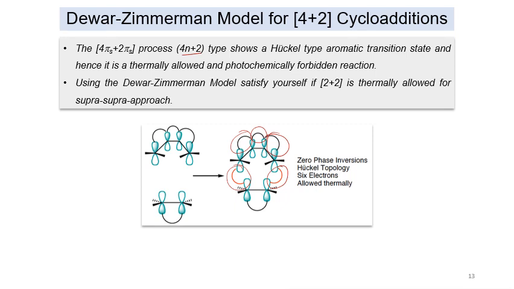Therefore, this is thermally allowed and photochemically forbidden. What I want you to do now is to satisfy yourself whether the 2 plus 2 cycloaddition in the supra mode will be thermally or photochemically allowed under the Dewar-Zimmerman model.